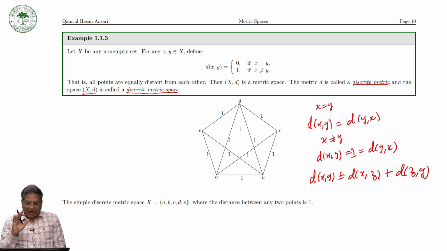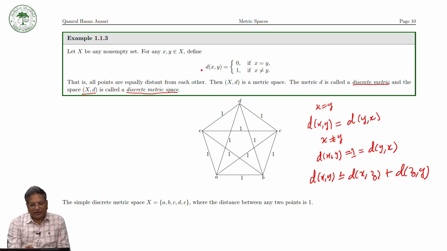Keep in mind. Now the question is, of course, here we say that d(x,y) is 0 if x is equal to y, and d(x,y) is equal to 1 if x is not equal to y. Can you think, instead of taking 1, if we write d(x,y) is equal to 10, or d(x,y) is equal to half, that is, d(x,y) is equal to 0 if x is equal to y, and d(x,y) is equal to 10 when x is not equal to y.